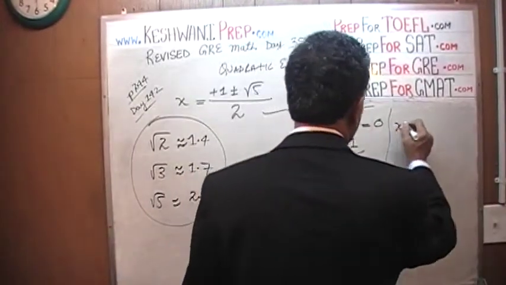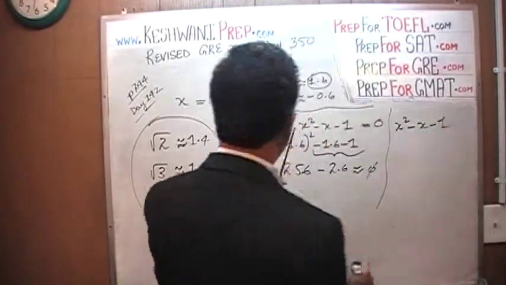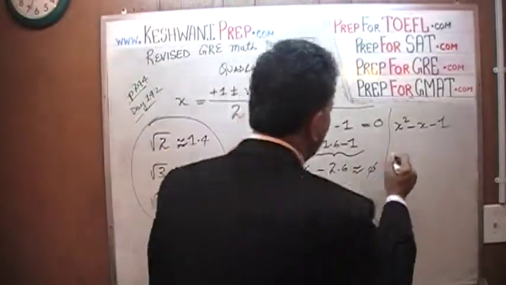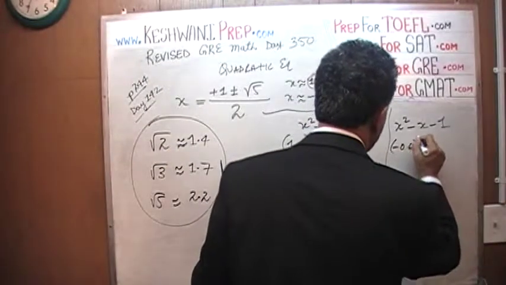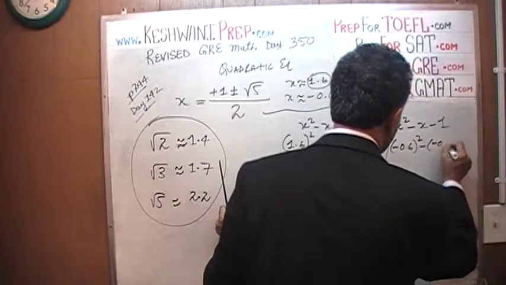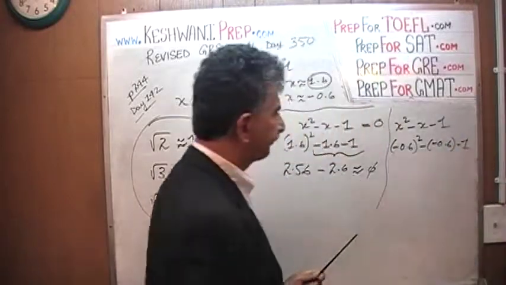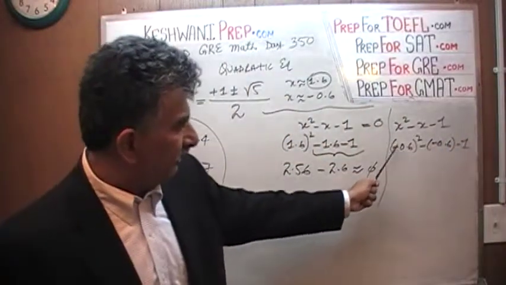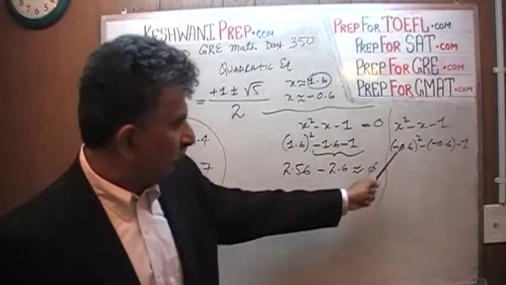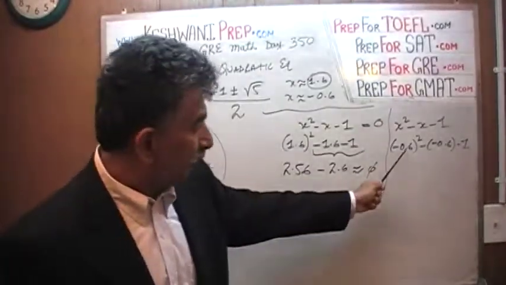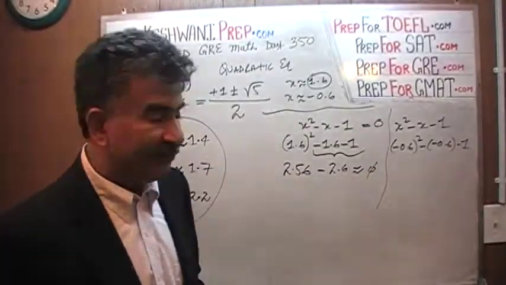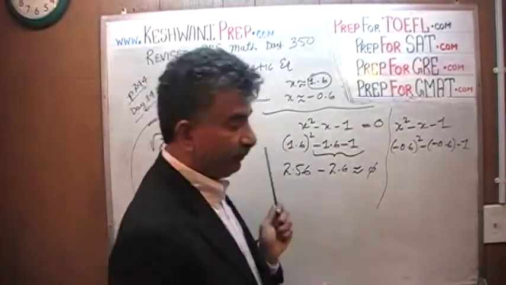x squared minus x minus 1. And now we try the negative root. Negative 0.6 squared minus a negative 0.6 minus 1. What's negative 0.6 squared going to be? Well, 6 squared is 36, so 0.6 times 0.6 is going to be 0.36. And negative times negative becomes positive.